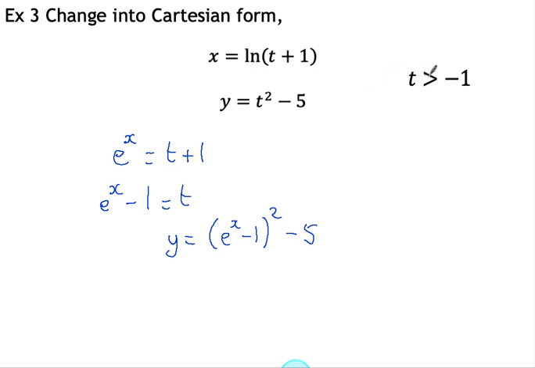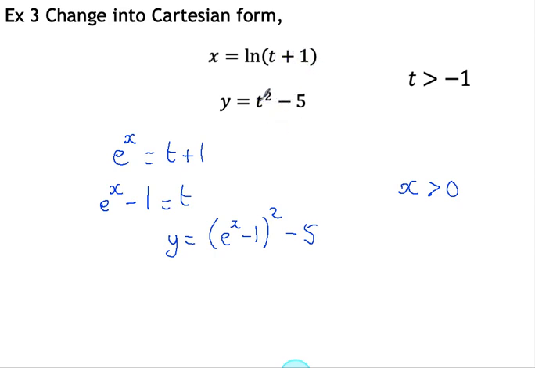Now t is greater than -1. It means that x must be greater than 0, because if I put in t as -1 into that, I get ln 0, which doesn't exist. So therefore x must be greater than 0.